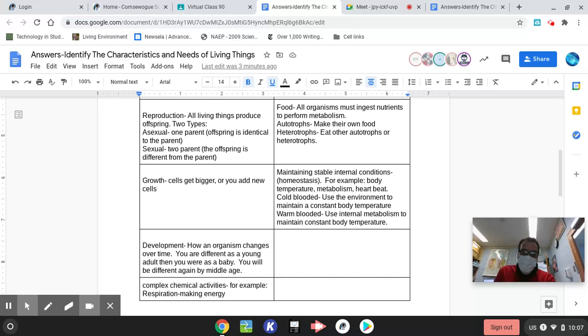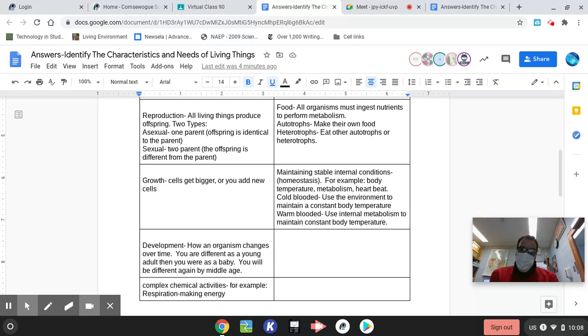If people have problems with their metabolism, they have thyroid conditions and things like that that have metabolic problems. They can become overweight. They can become underweight. Your heartbeat needs to maintain a constant level. If it doesn't, you can develop high blood pressure. You can develop an inflammatory heart, which means an enlarged heart.